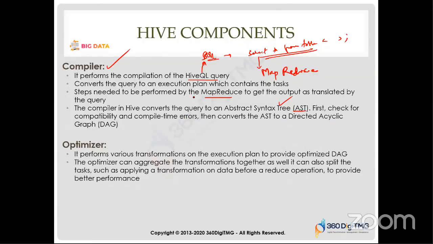Once this is done, that AST is converted into something called a DAG, directed acyclic graph. After you create the execution flow, you validate it, check for the errors, and then convert it into an actual plan.